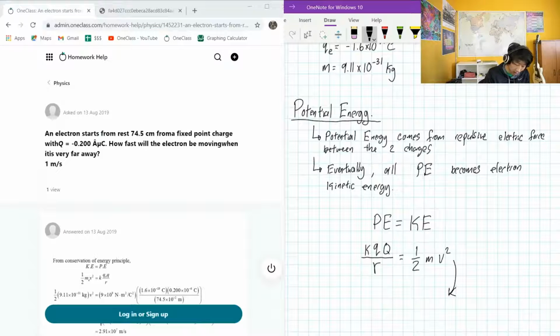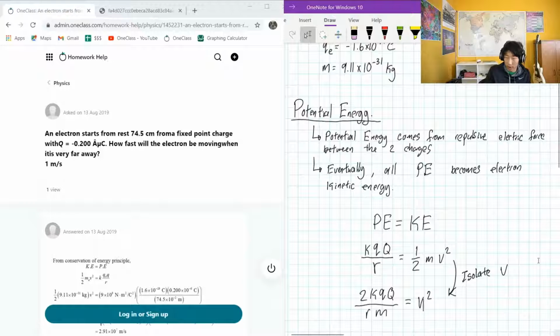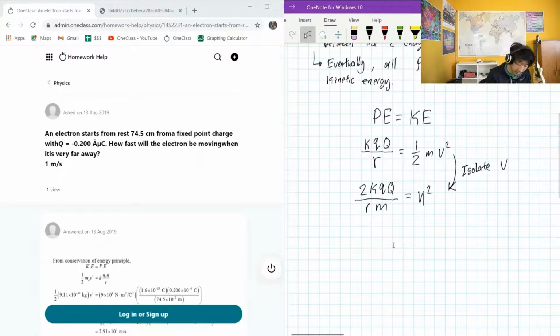So our next move is that we want to isolate the v term. Okay, so we multiply both sides by 2 and divide both sides by m. So we have 2kqQ, a little q, big Q, all divided by r m, and this will be equal to v squared, and we just square root both sides and we get v on its own.